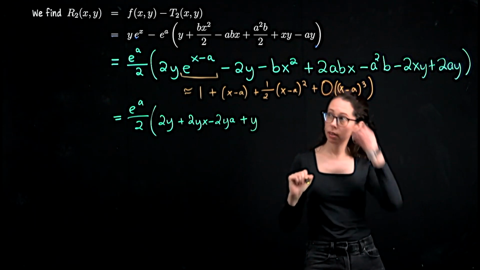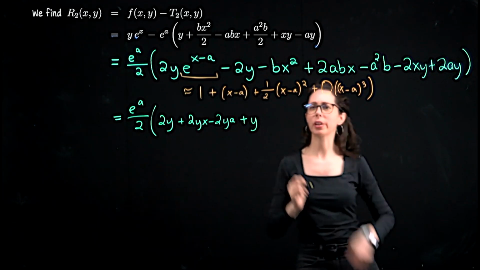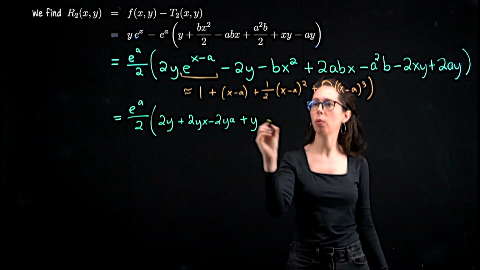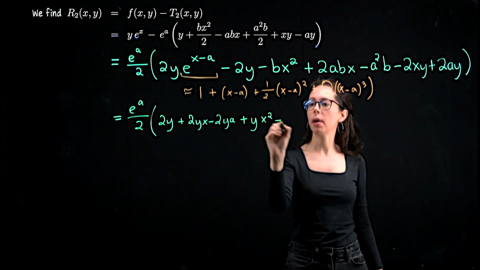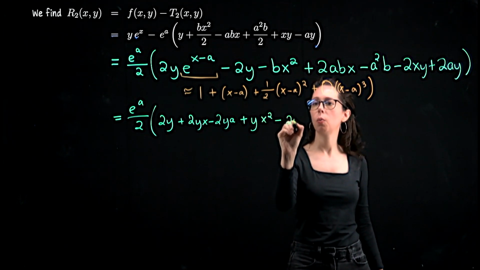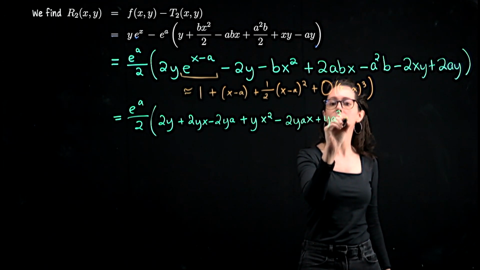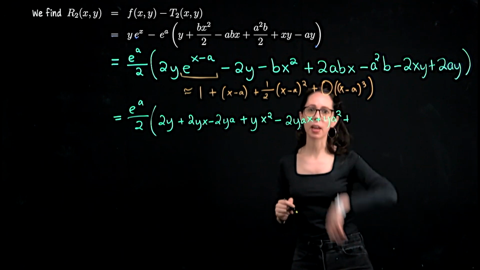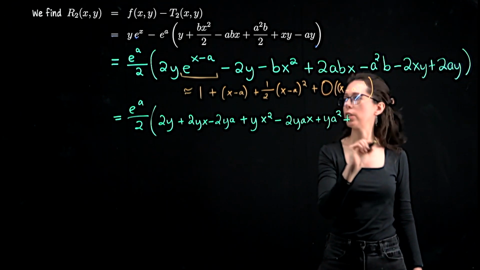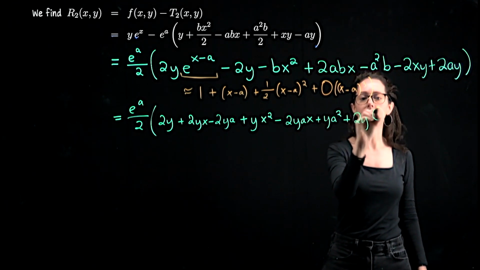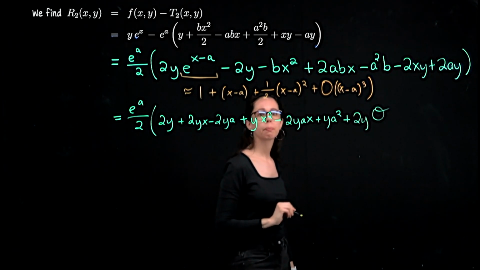From this we get a y, and I'm going to expand this because everything else is expanded. So yx squared minus 2yax plus ya squared plus 2y times the big O notation. I'm just going to write fancy O because I'm almost out of room.